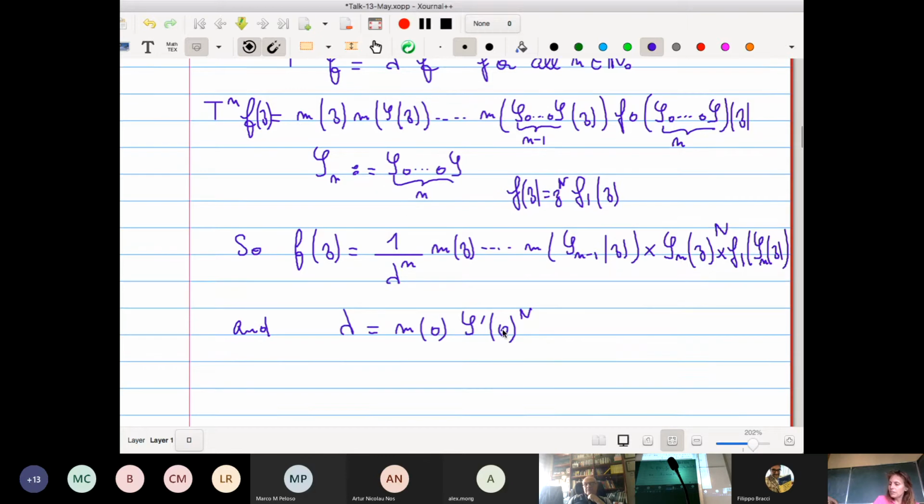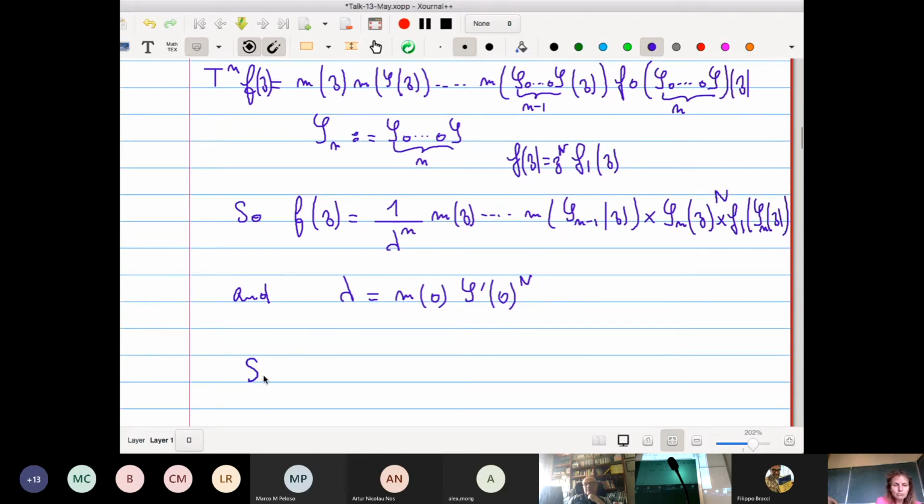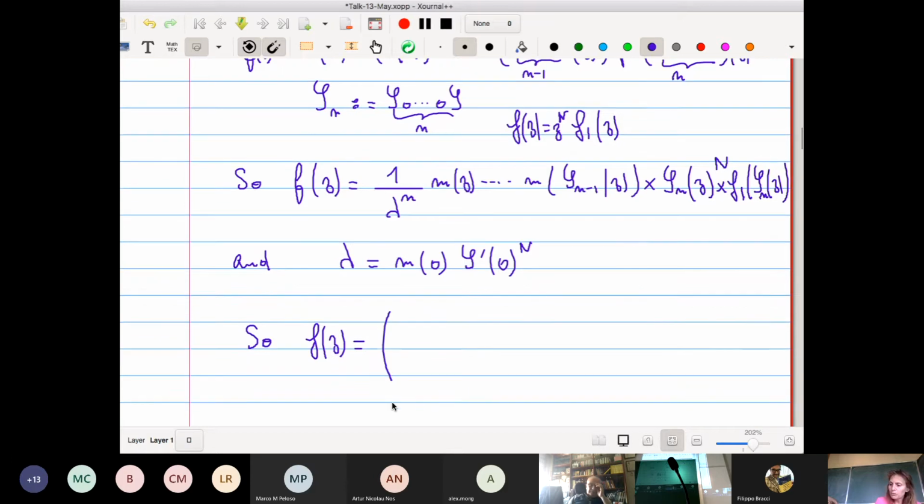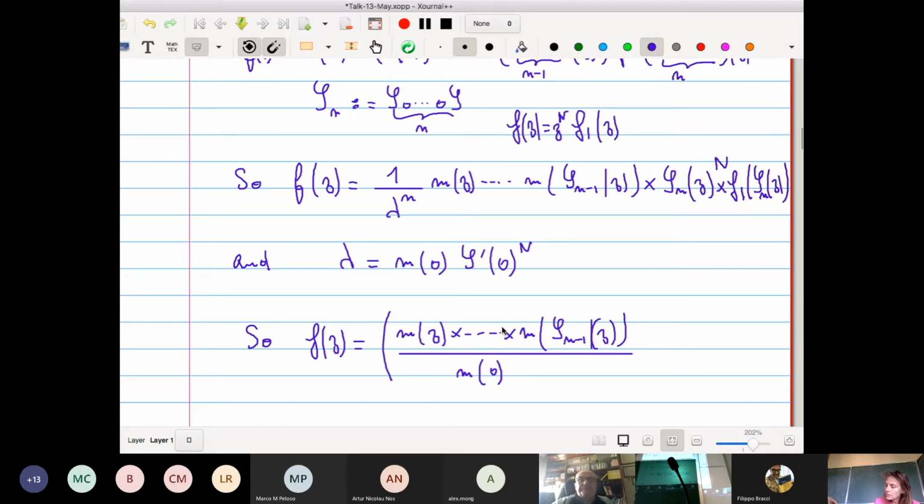We put this in the equation, and so the eigenvector f has the form, if it exists, this weight over m at 0. Oh, there's something wrong, sorry.